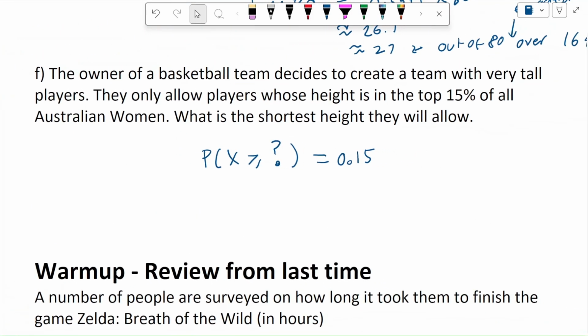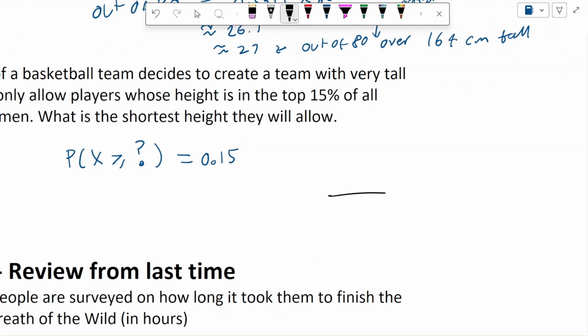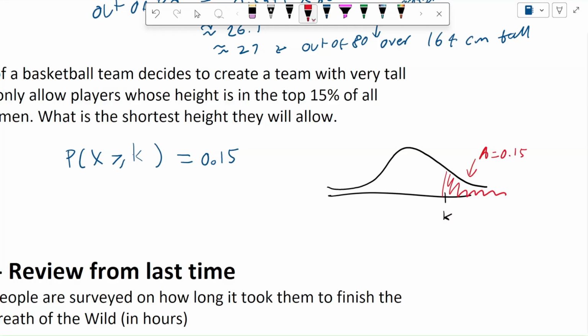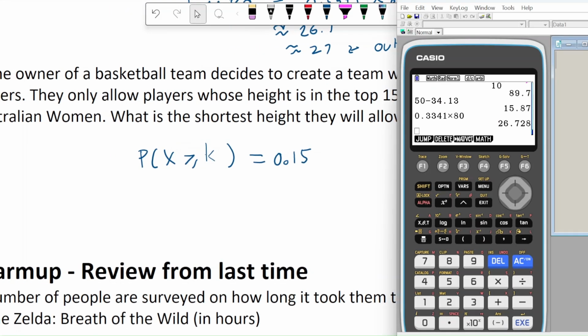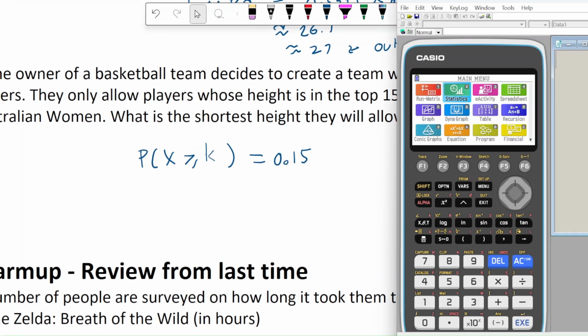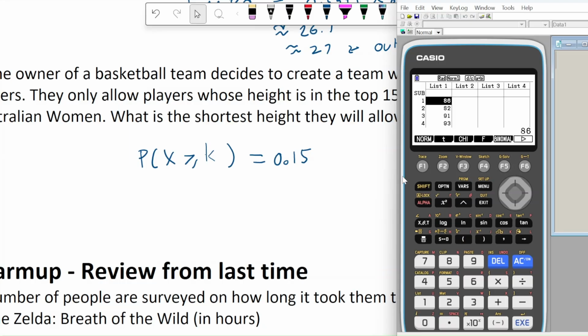Okay, so how do we do this? Well, I'll just draw a simplified diagram. I'm going to call this mystery number K. That's usually what people call it. And then I would like the area to be 0.15. So we can go back into our calculator, into stats, hit F5 for distribution, normal.